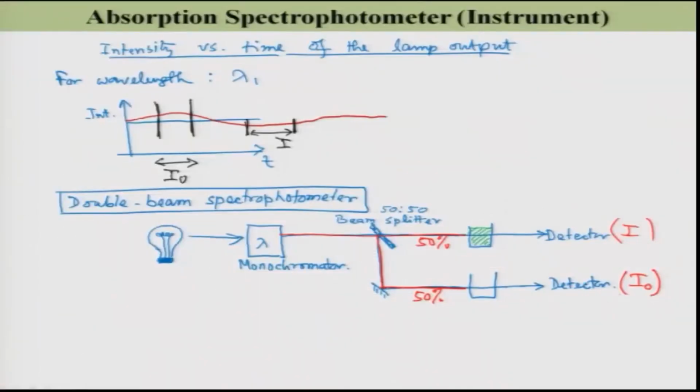So, the performance of this detector will always be different from that detector. In this case I should have I equal to I0, but you will never get I equal to I0.